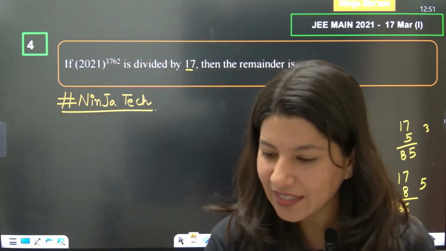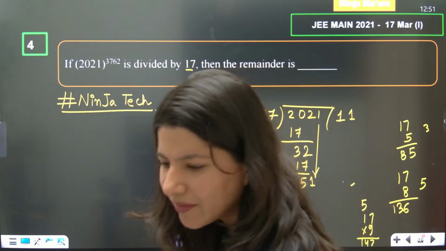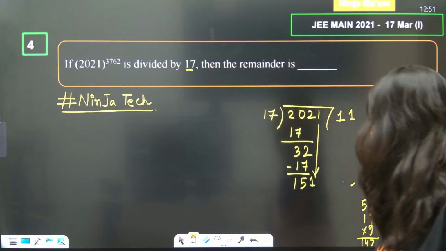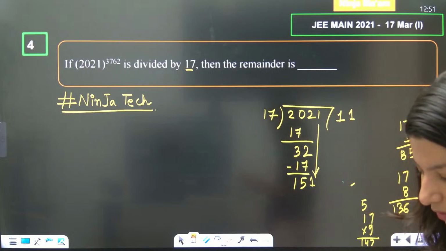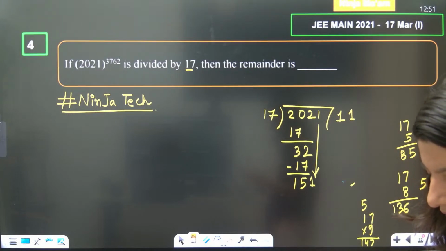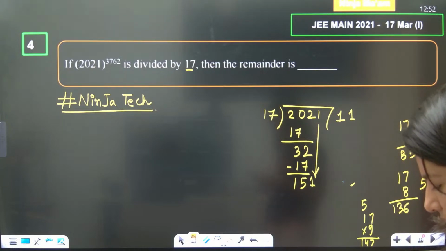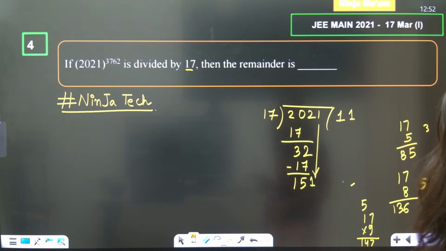Ma'am speaking Hindi while calculating. Tell me now, what will happen with 17? Hold on, calculator. See, 17 multiply 110 is 1870. No. 17 multiply 115, 116, 117. 17 multiply 120 is 2040.